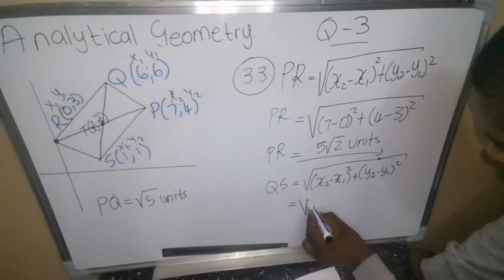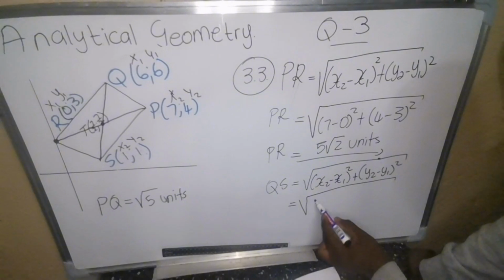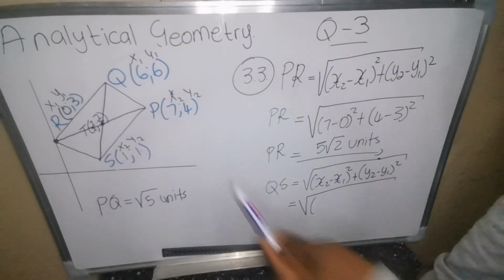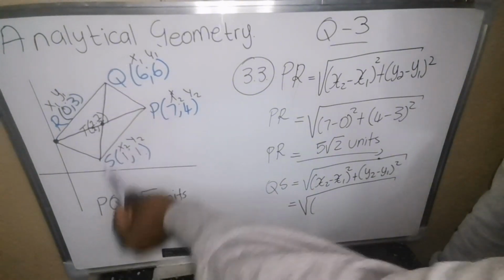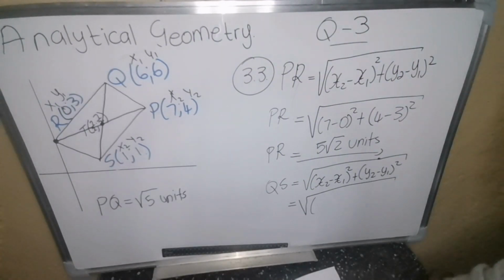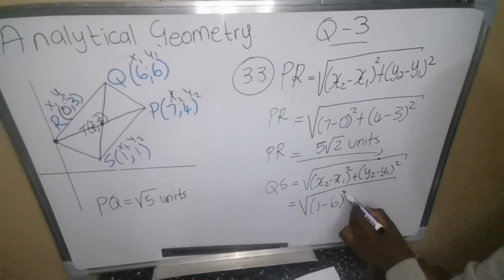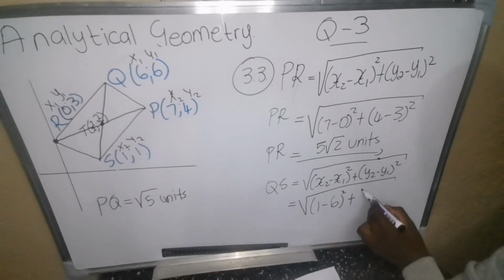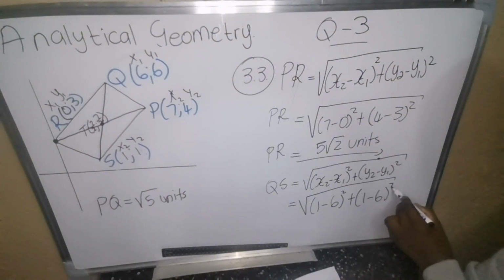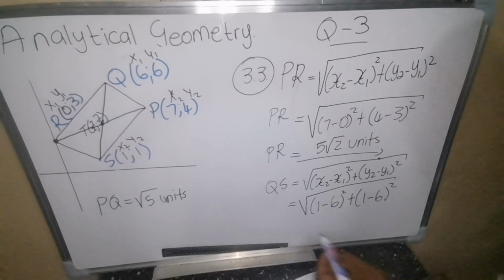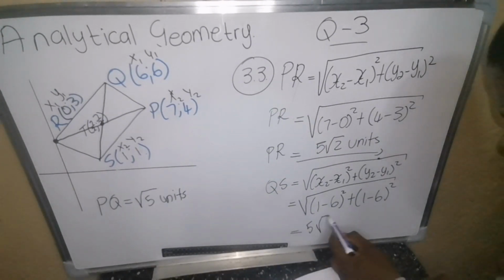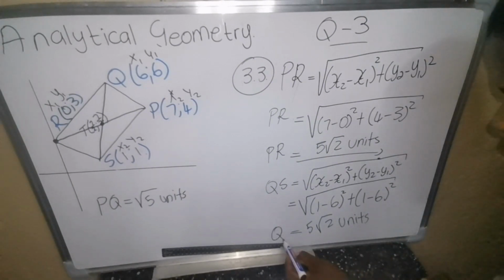For QS, x2 is 1. 1 minus x1 is 6, squared, plus y2, 1 minus 6, and we get 5 square root of 2. The length here is 5 square root of 2 units. This is the length of QS.